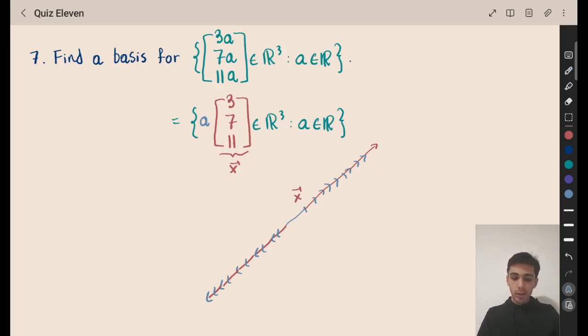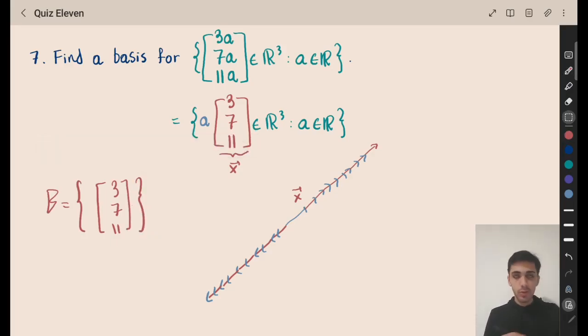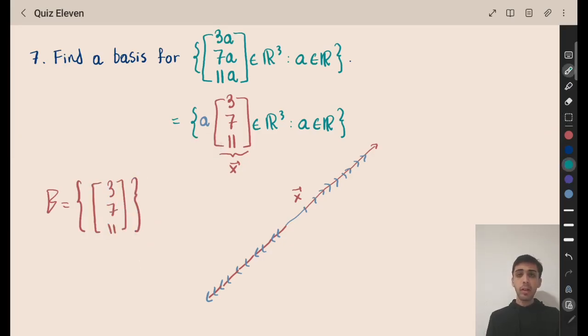And while this indeed is a basis, so if I choose the basis in this case to be, so the basis is a set of vectors. In this case, it is just a set of one element, one vector, which is this vector. But the basis is not unique in the sense that I could choose another vector on this line and scale it.